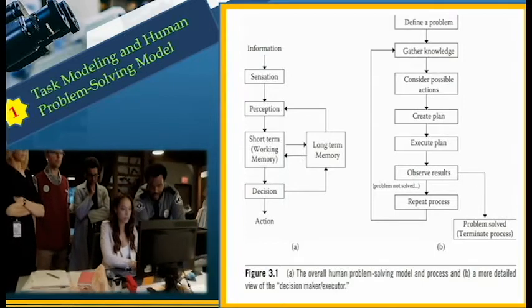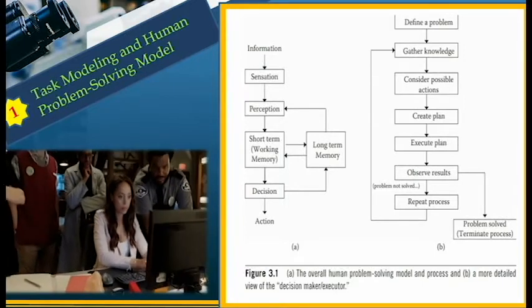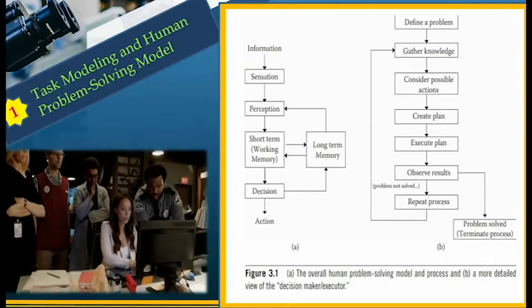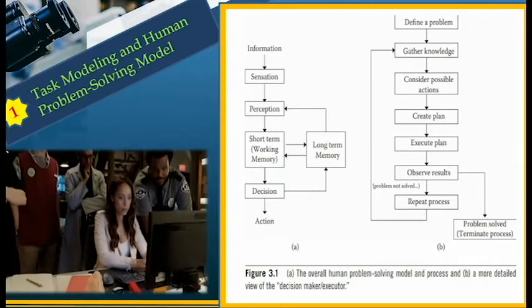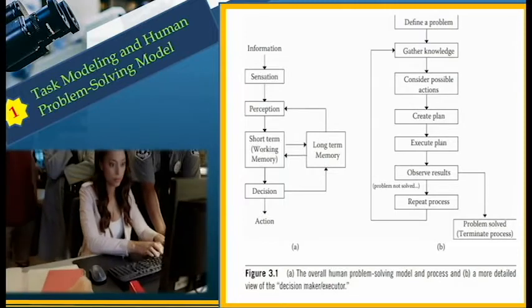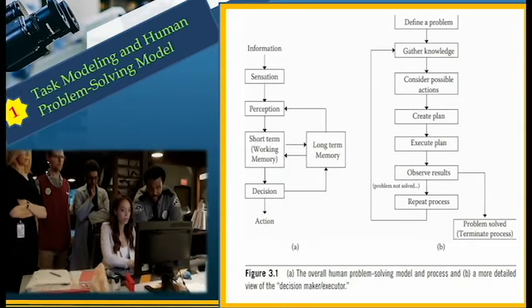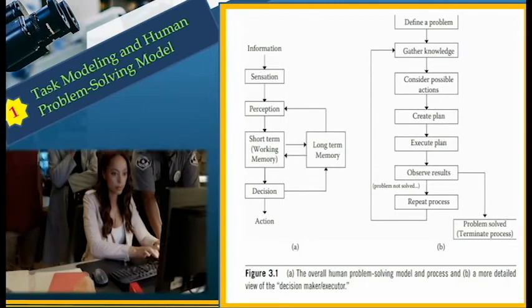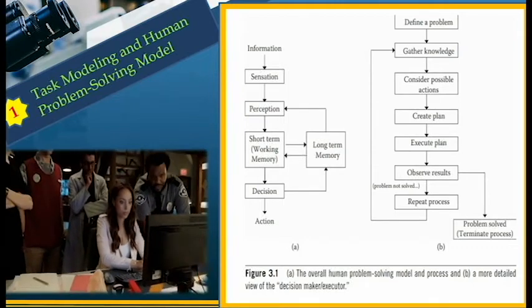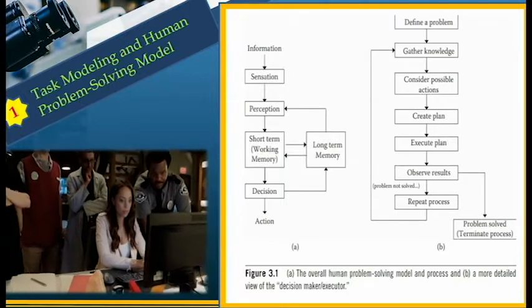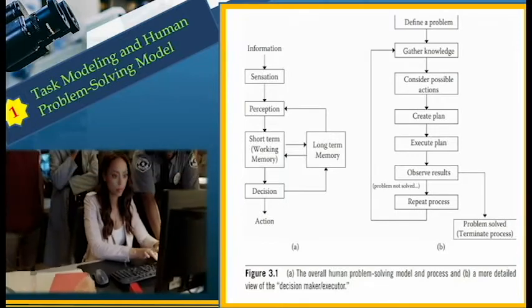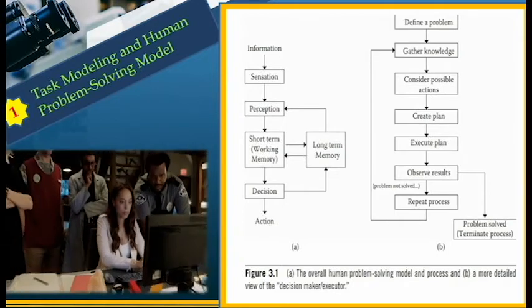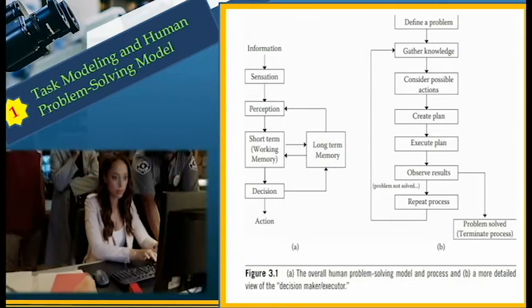So we have here the figure: the overall figure A, the overall human problem solving model in process, and we have B, the more detailed view of decision maker and executor. We have already discussed the information processing that consists of sensation.